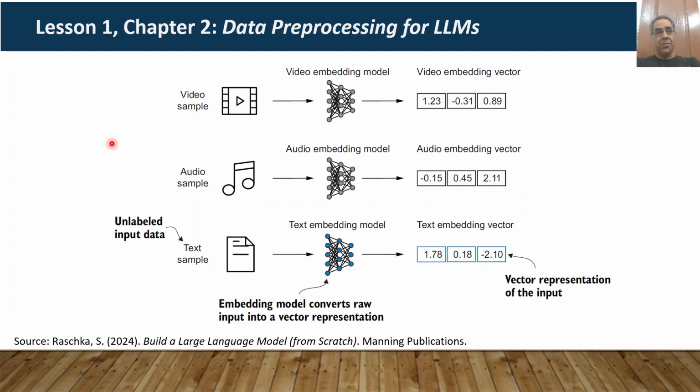Thus, we use an embedding model to transform this raw data into a dense vector representation that machine learning architectures can easily understand and process. Specifically, this figure illustrates the process of converting raw data like video, audio, and text into a three-dimensional numerical vector.